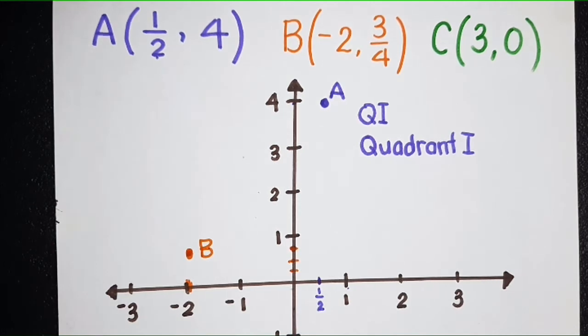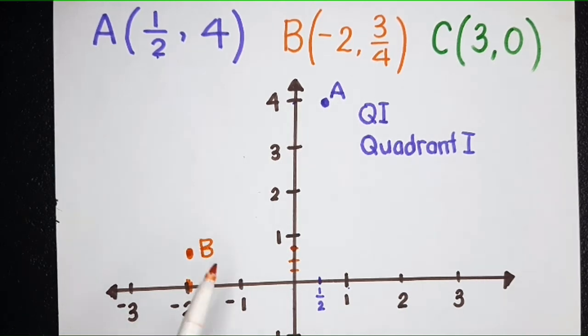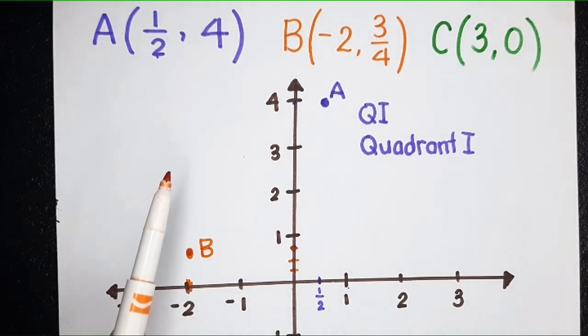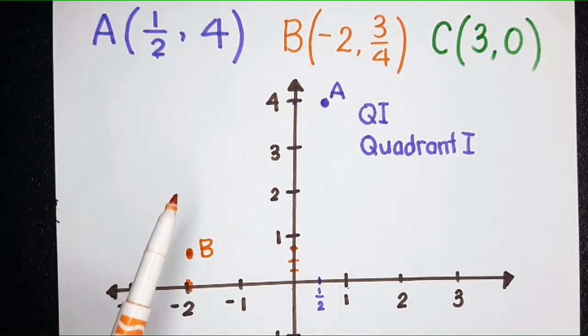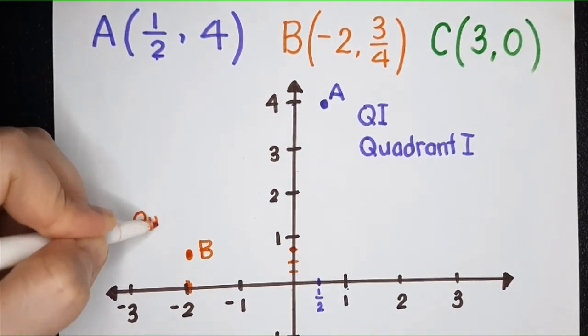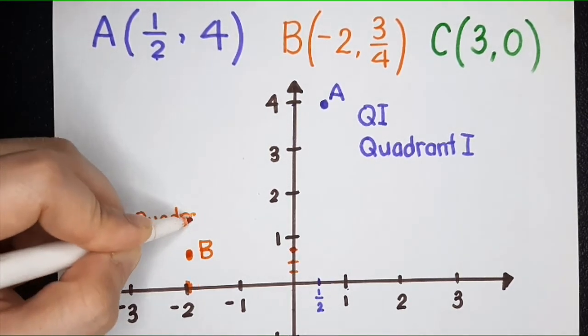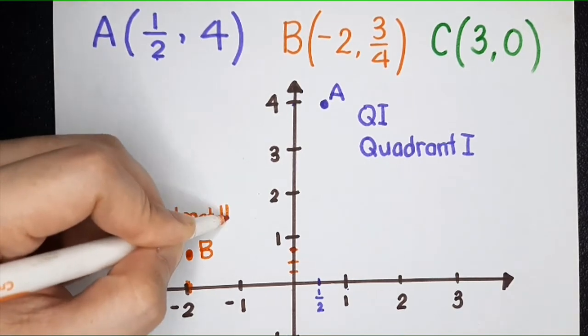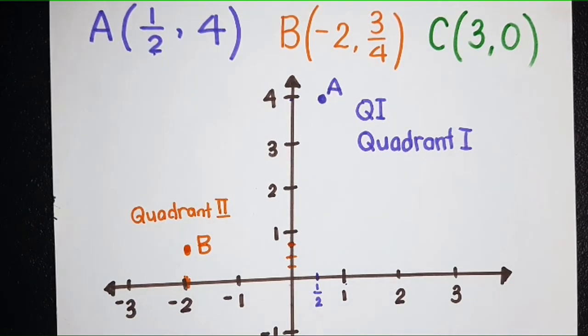Okay? Sige. What is the location of your point B? Where can you find point B? Anong quadrant ito? This is your second quadrant. So, your answer for the location is ito. Quadrant 2. What about point C?